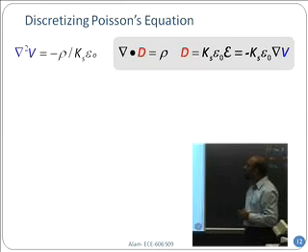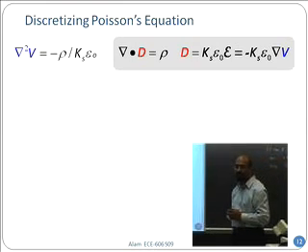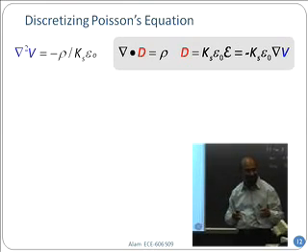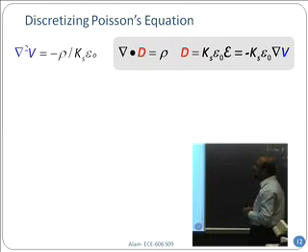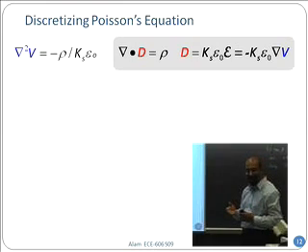I was generally writing it in terms of displacement D. So divergence of displacement D, I said that's equal to the charge rho, but the displacement is proportional to the electric field, right? Up to the dielectric constant. So I can write the displacement in terms of the electric field, but the electric field is minus the gradient of the potential, right?